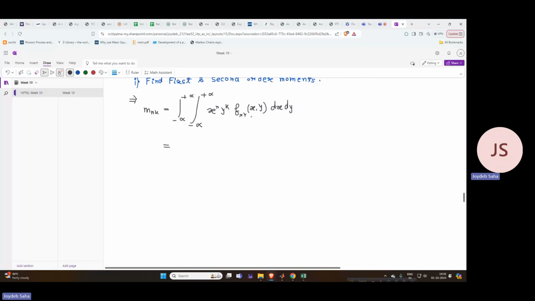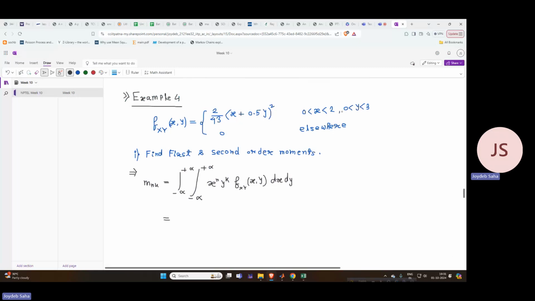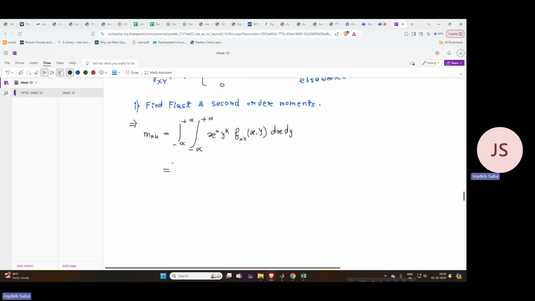Okay, so to replace the value of f of xy using this, we can simply change the limits, right?